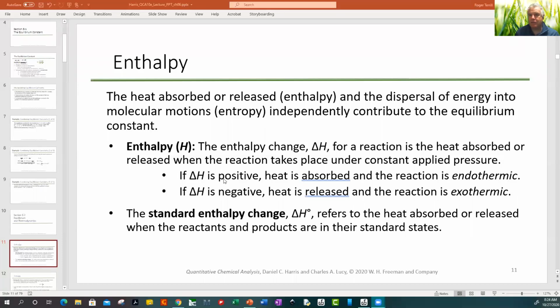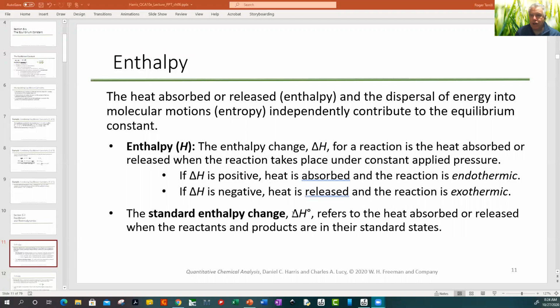And so that's a positive enthalpy. And then if delta H is negative, then heat is released and the reaction is exothermic. That's one we're more familiar with, right? Burning of methane, in a rocket engine or something.